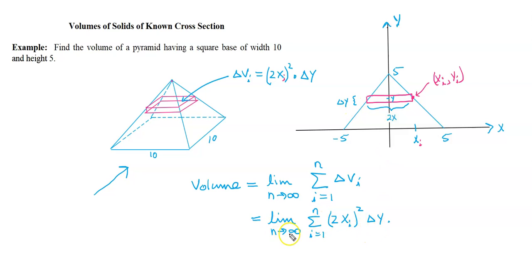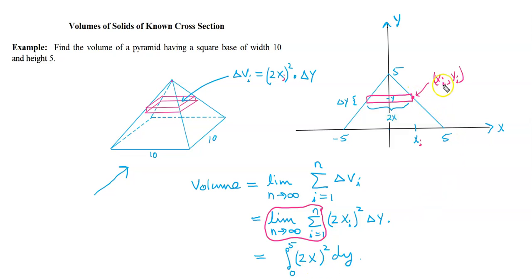Now, in the limit as n goes to infinity, this summation turns into an integral of (2x) squared dy. And now what does the y go from? Well, the y right here goes from 0 to 5. So we will integrate from 0 to 5. Now the only problem here is we have an x, we don't have a y.